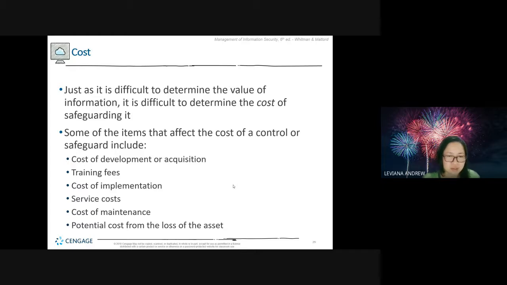Service costs: if you buy the asset from a supplier, they need to service you, and therefore this is considered a service cost. Cost of maintenance, doing the backup, maintenance of the equipment and the asset, all of these costs. And then the potential cost of the loss of the asset.